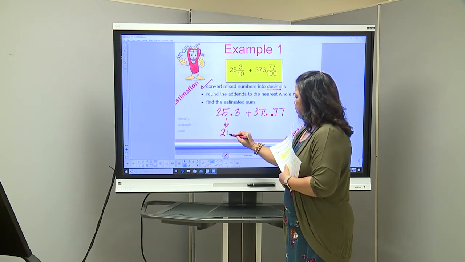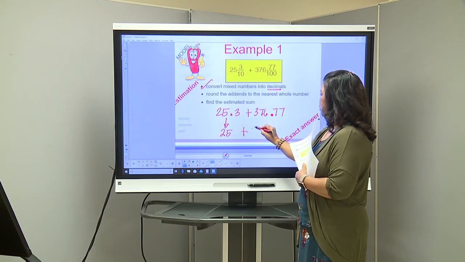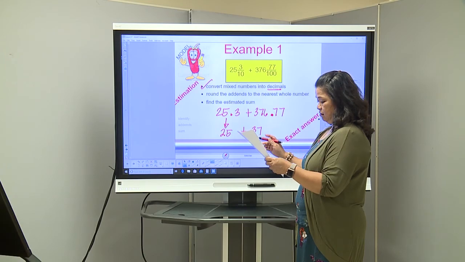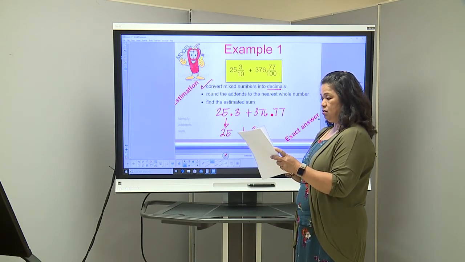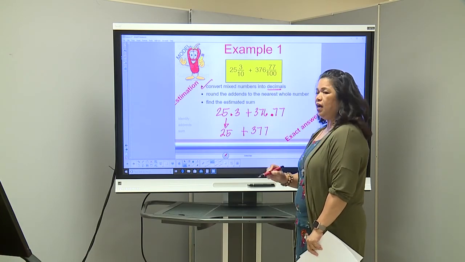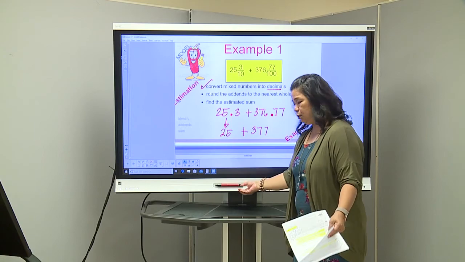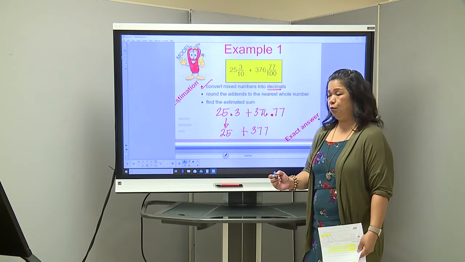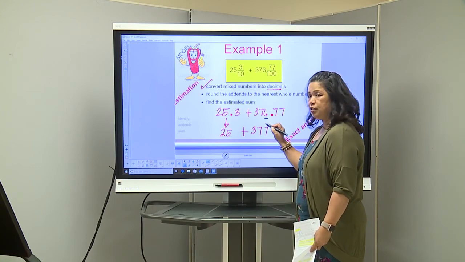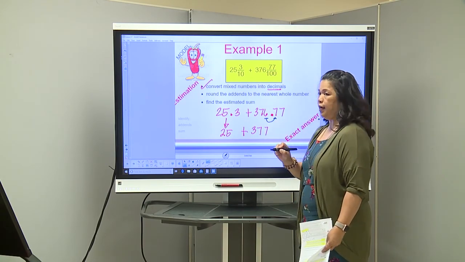So that will be 25, and 377. Why did I say 377? Because of the rule in rounding, I hope you remember: if this is the number to be rounded, you need to go see the number to the right.